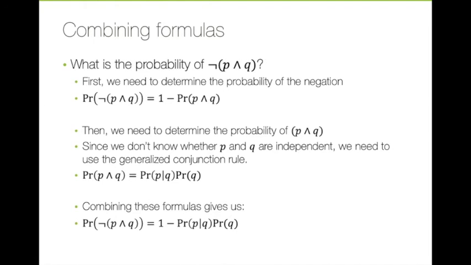That tells us that the probability of P and Q can be given by the probability of P given Q times the probability of Q. So we can substitute the right-hand side of this second formula for the probability of P and Q in our first formula. And combining that tells us that the probability of this complex sentence with two connectives is 1 minus the probability of P given Q times the probability of Q.